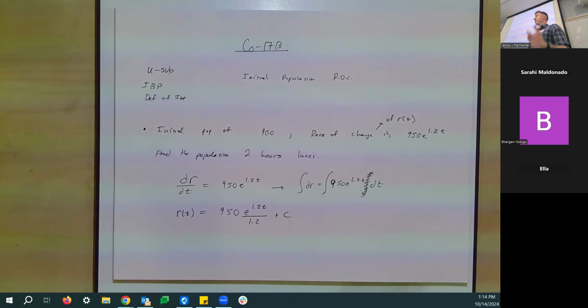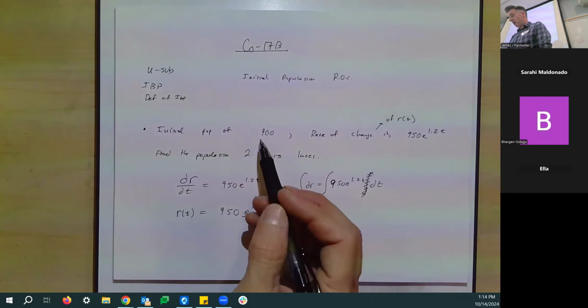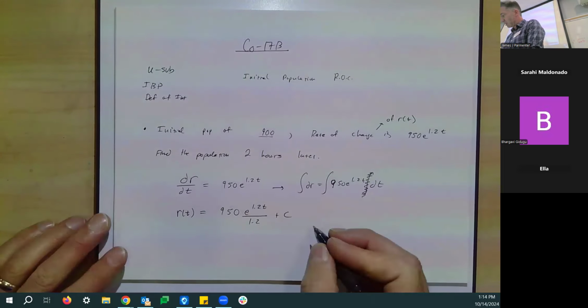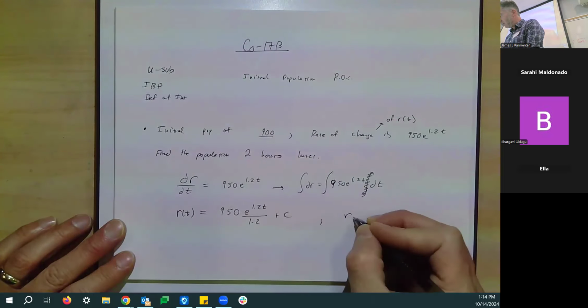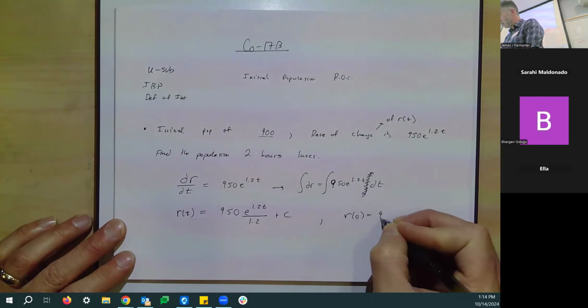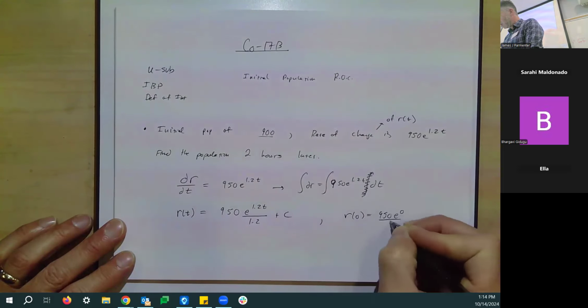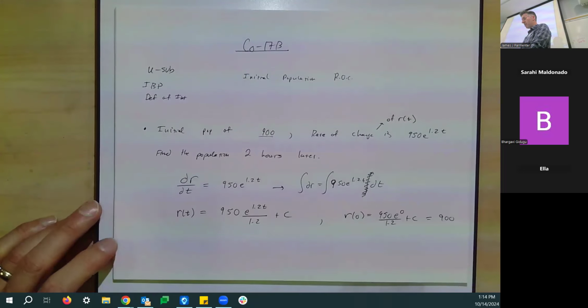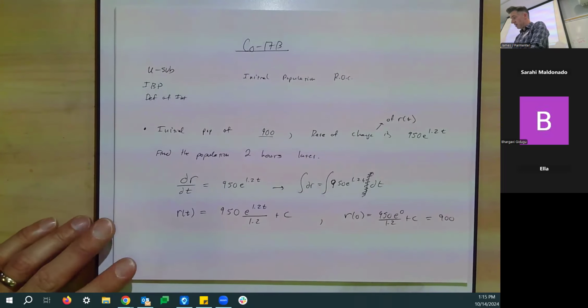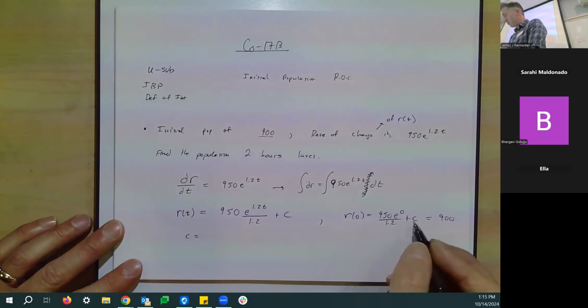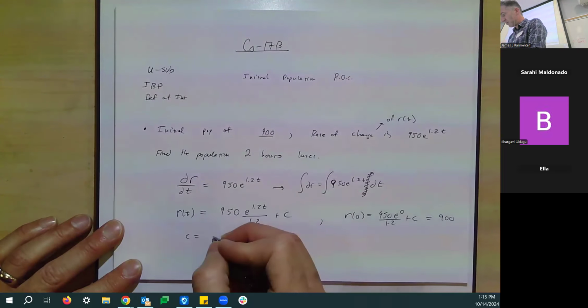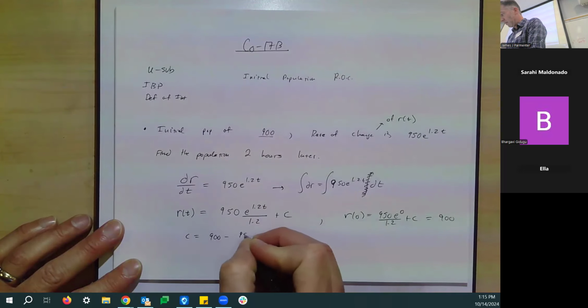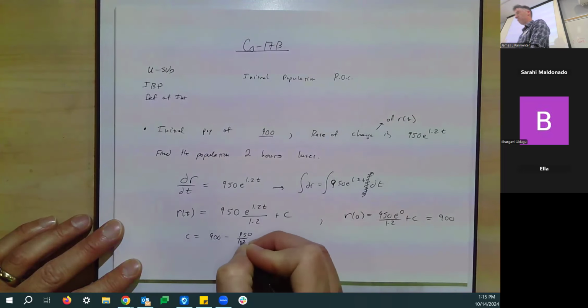The rest of this is not too terrible. We're going to plug in the fact that at t equals 0, the population is 900. So R of 0 is equal to 950 e to the 0 divided by 1.2 plus c, and that should equal 900. Then we solve for c. So c equals 900 minus 950 divided by 1.2.